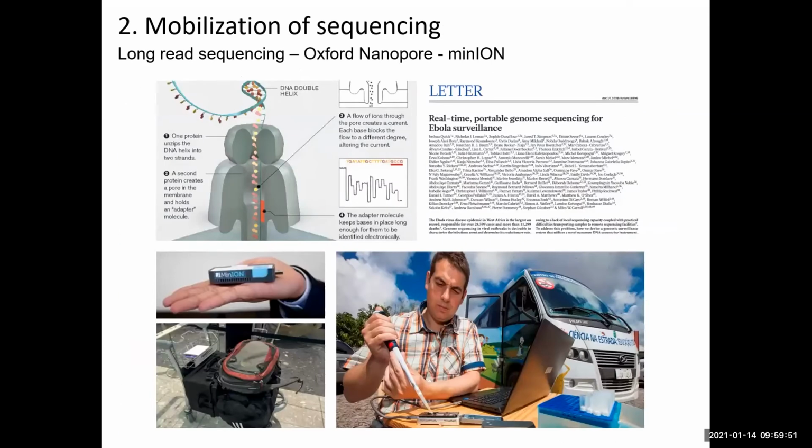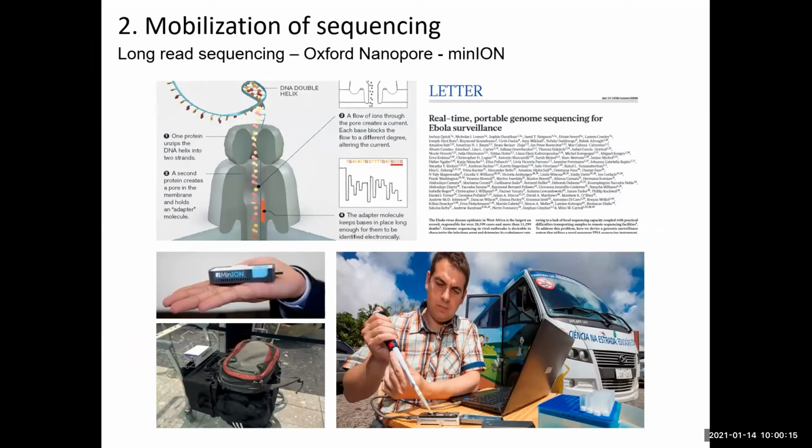Another thing, and another gratuitous picture, is what you might consider the mobilization of sequencing. So here I'm talking about a different technology, okay? This largely depends on the Oxford Nanopore instrument, which is this small, mobile phone sized instrument in somebody's hand here on the slide.